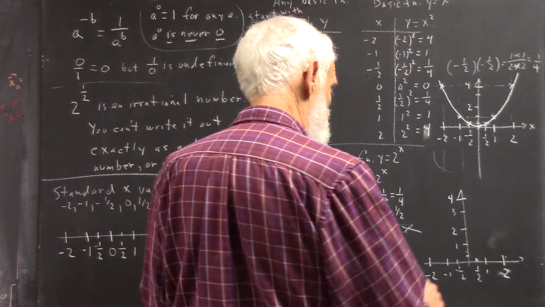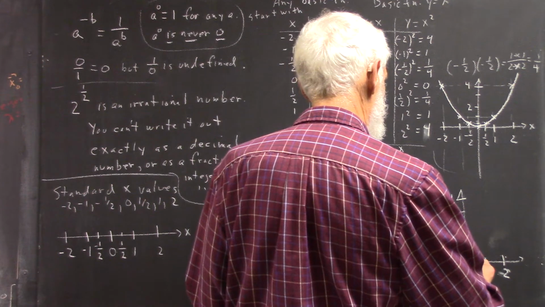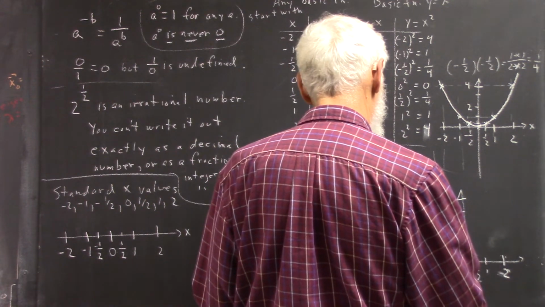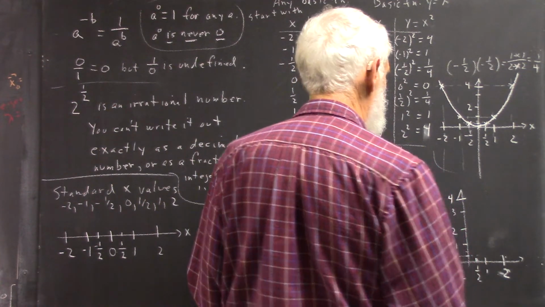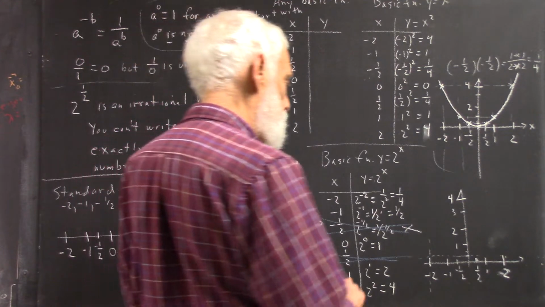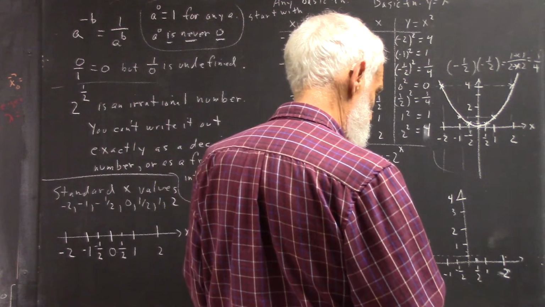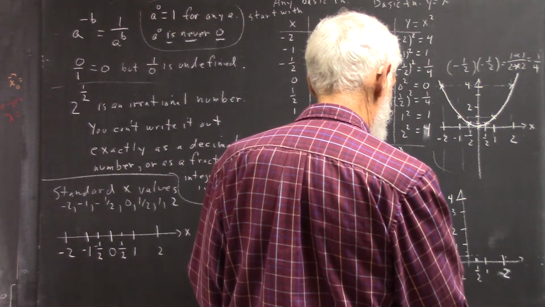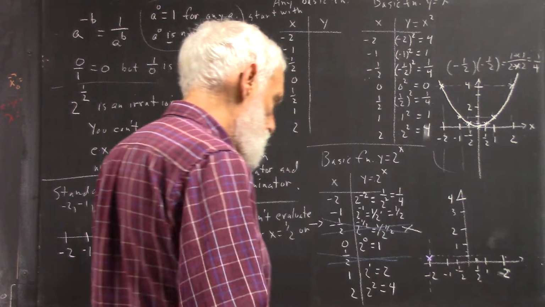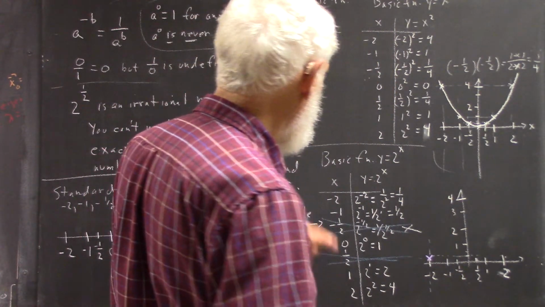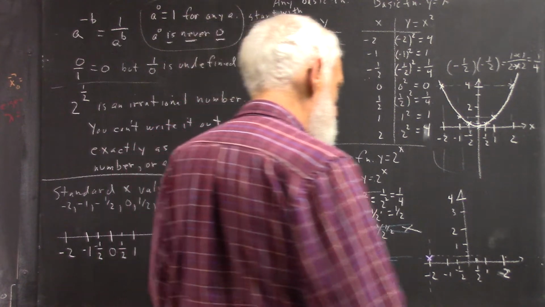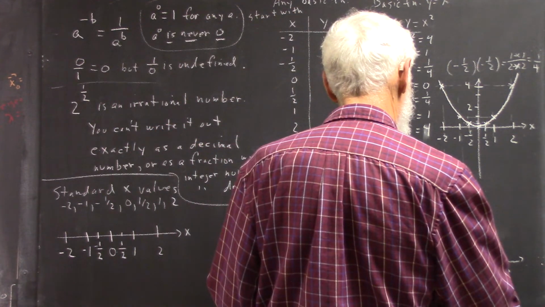Subdivide that again, you've got 1/4. And now you can draw the y equals 1/4 line and the x equals -2 line. And you see that your point is down here.